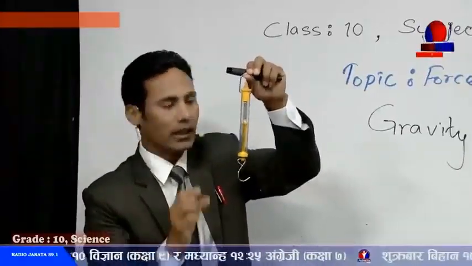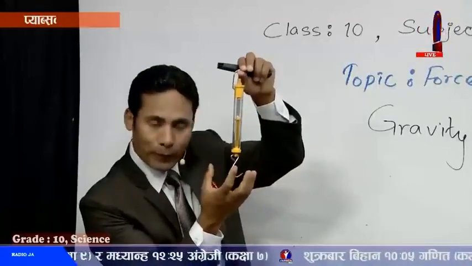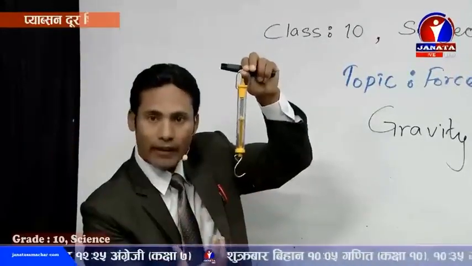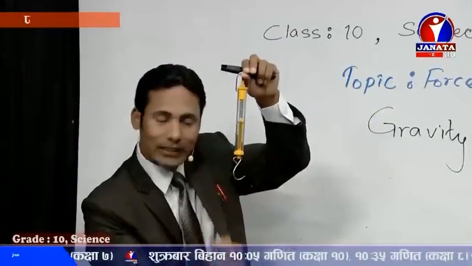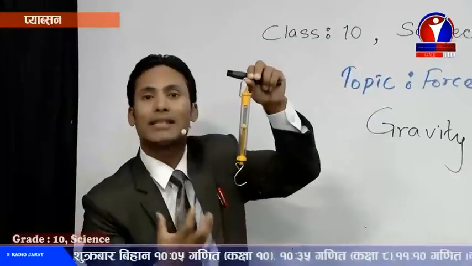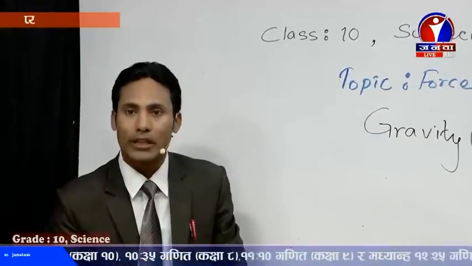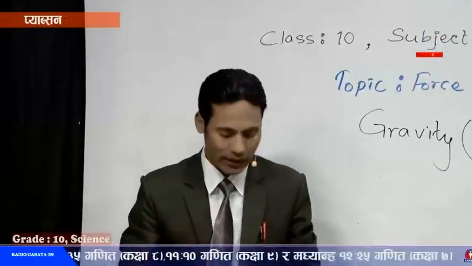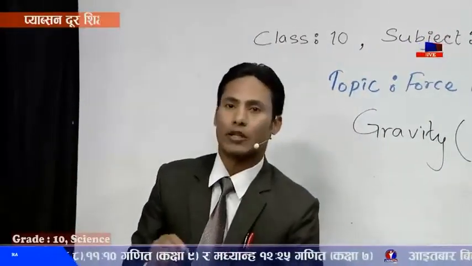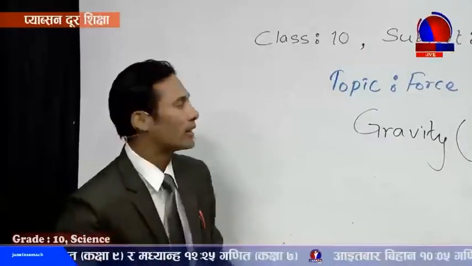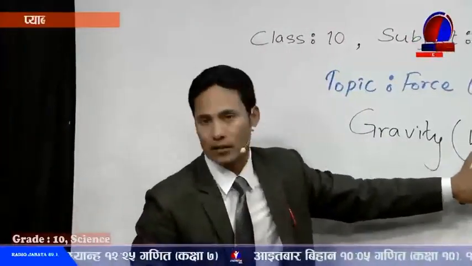What I mean is, the earth is attracting this object towards its center. So that force of attraction of the heavenly bodies on the surrounding object towards its center is called gravity, or simply we can say it is weight also.